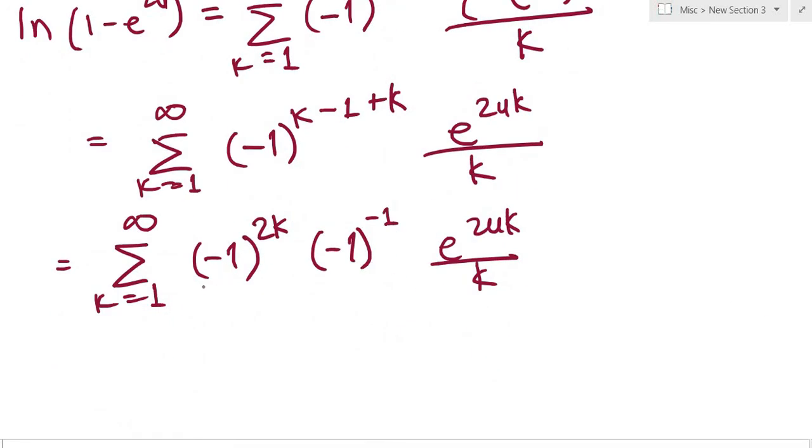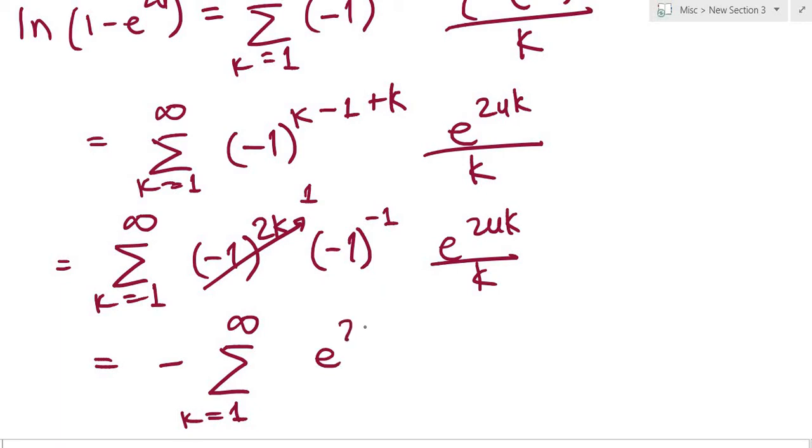Because k is from 1 to infinity, 2k is always an even number. So negative 1 raised to an even number is always 1. So this will just be 1. This will be negative 1. So finally we have negative sum from 1 to infinity of e raised to 2uk over k.